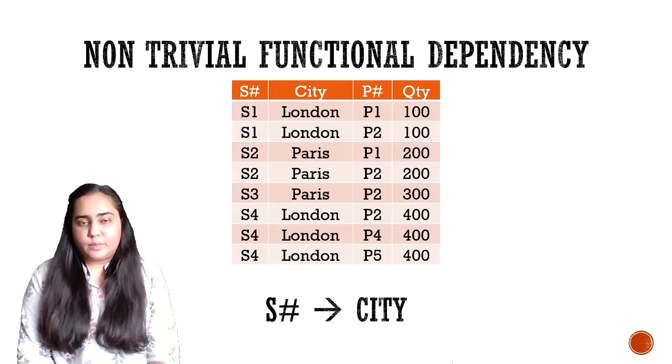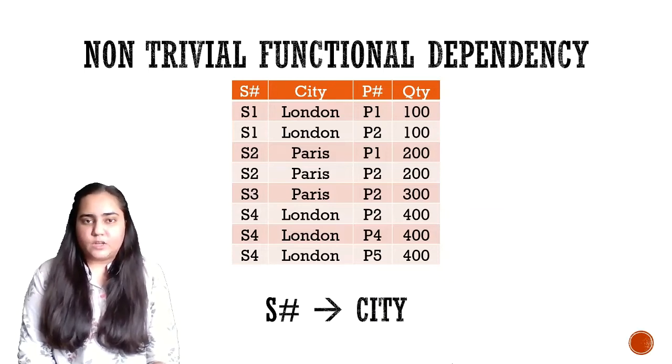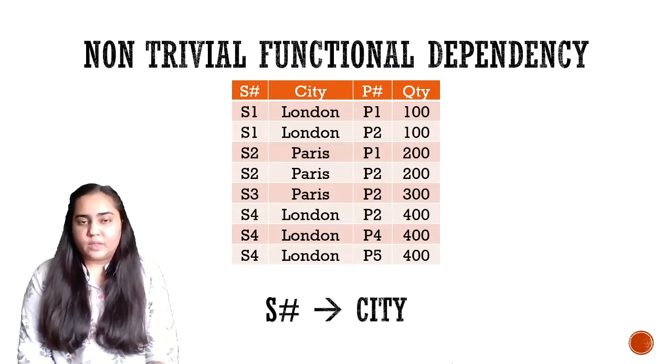The next type of dependency we're going to see is a non-trivial functional dependency, and you can see it here. S hash determines city. If I ask you, where is supplier S1 located? You will answer that it's located in London, because S1 appears twice in this relation, and both times it appears with the city London.